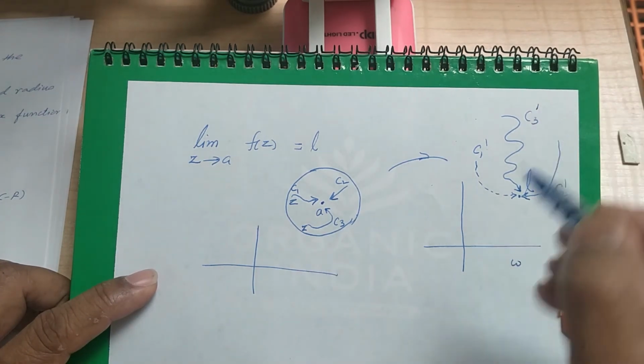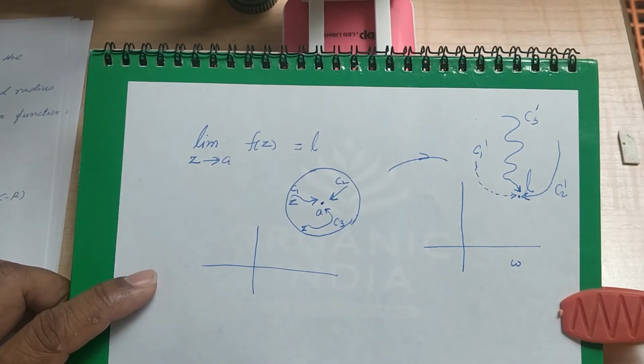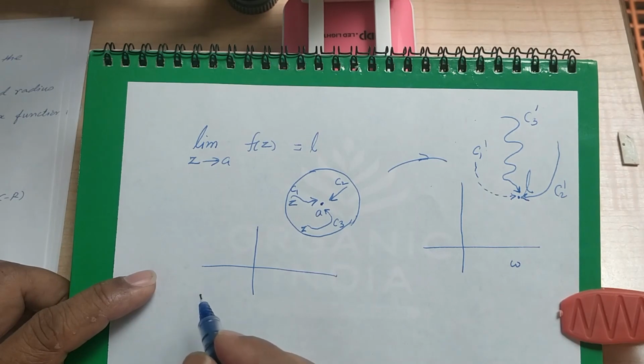So if through all the possible paths the value of the limit L is the same, we say that the limit exists.